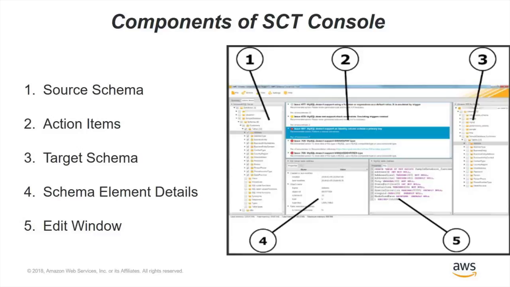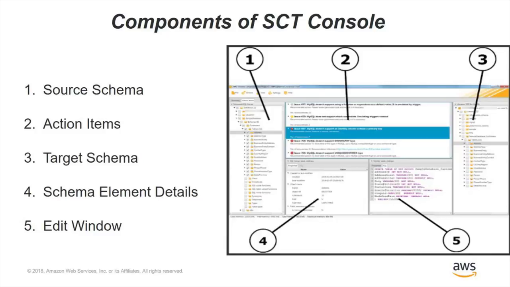Once you connect to your source database and you are ready for conversion, the left hand side of the console denotes the schemas that are available on your source. So you can select the schema that you actually want to migrate to the target. The second part is the action items.